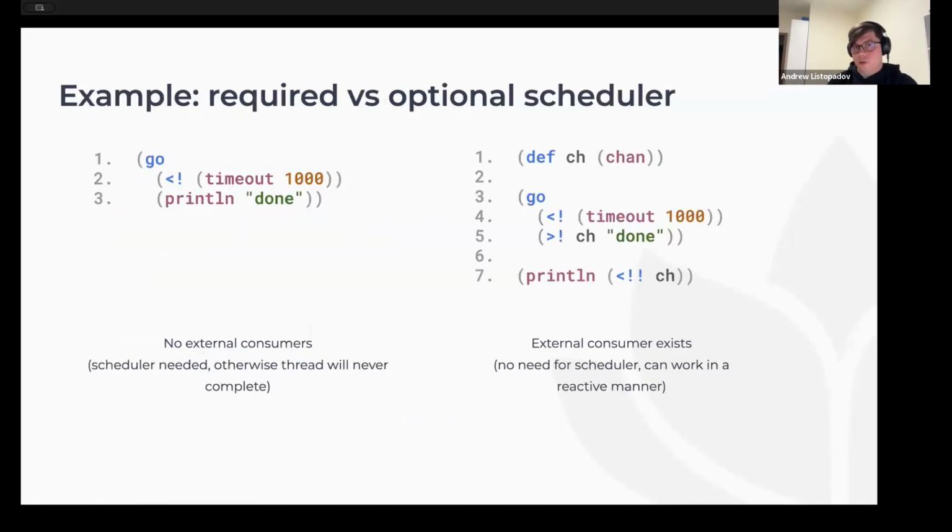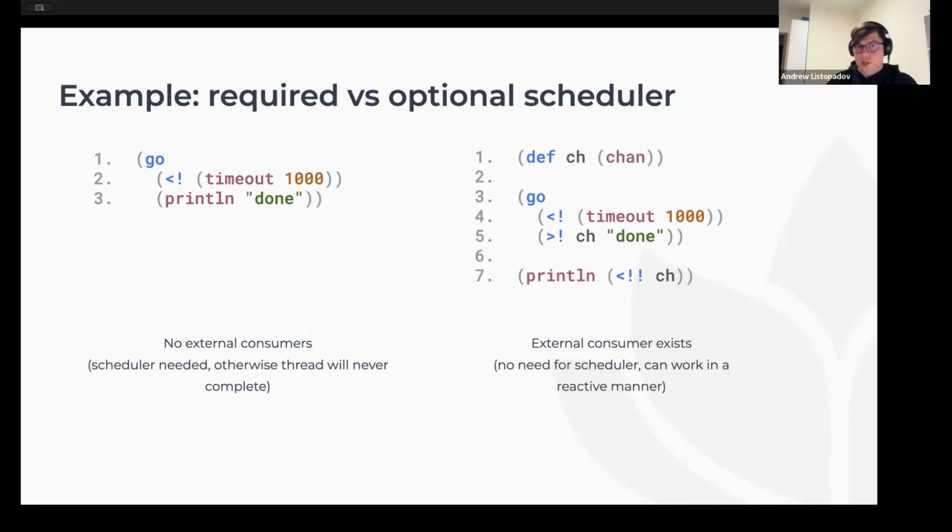And here is an example of when we need and when we don't need a scheduler. On the left side, we have a Go thread, which creates a timeout channel and immediately waits on it. If you don't have a scheduler, this Go thread will start. It's just a simple state machine. It will park on this timeout channel.